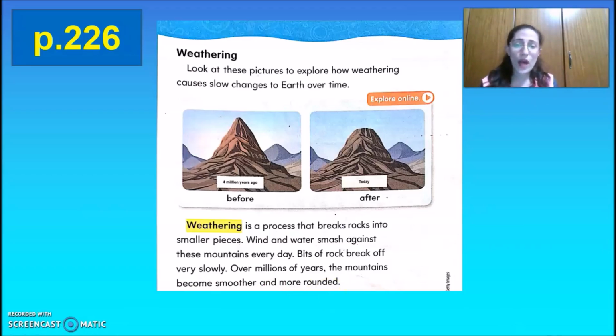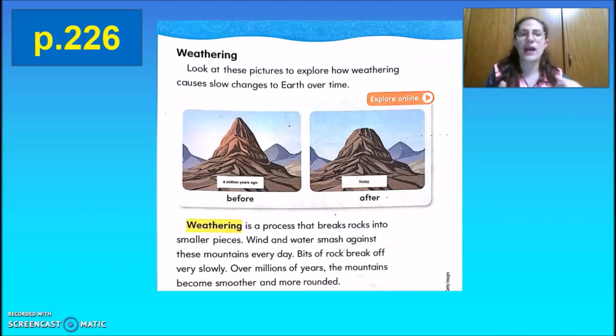They're telling us that weathering is a process, a thing that happens. How does it happen? It is a thing that occurs, and when it occurs, it breaks the rocks into smaller pieces. How does it break the rocks into smaller pieces? Each day, every day, the wind and the water smash against the mountains.